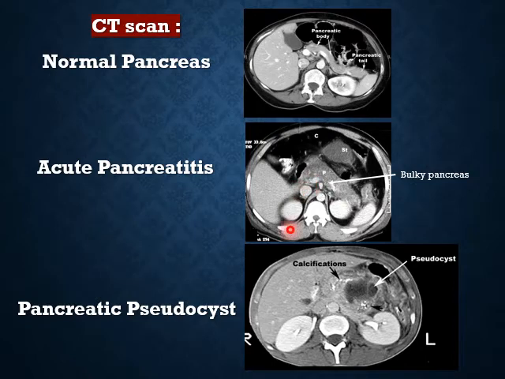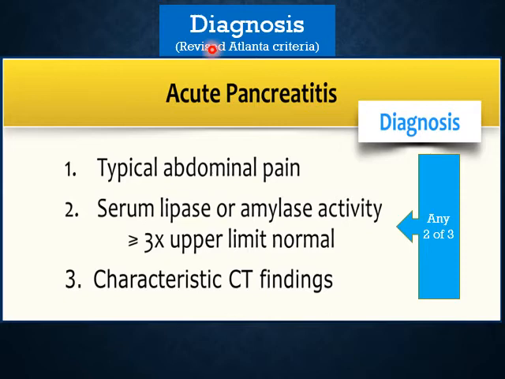And this is a pseudocyst that has formed in an inflamed pancreas, acute pancreatitis complicated by a pseudocyst. So in summary, the diagnosis of acute pancreatitis is based on typical abdominal pain, serum lipase or amylase activity more than 3 times the upper limit of normal, and thirdly, the characteristic CT findings.